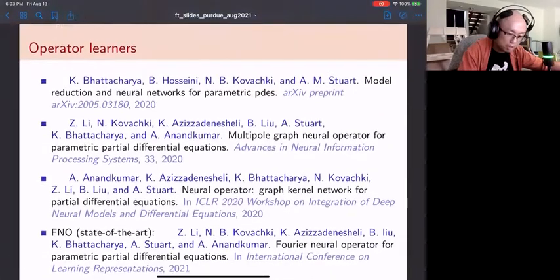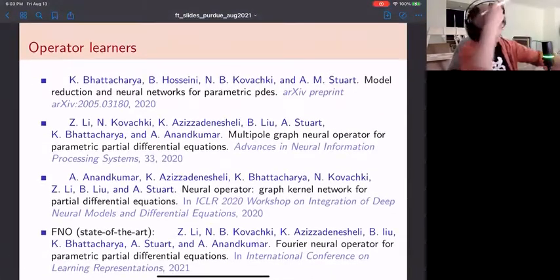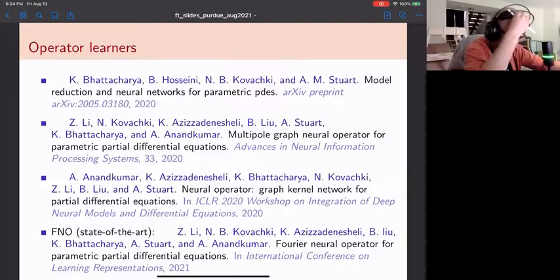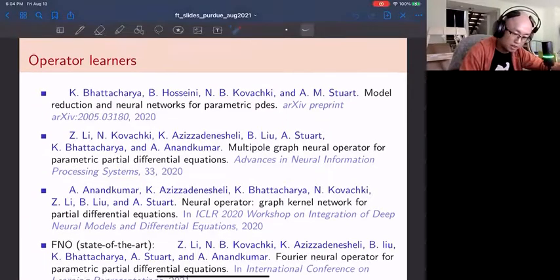Here are some operator learners. These four papers are from the Caltech group, mostly led by Andrew Stuart and Anima Anandkumar. Anima actually gave a talk earlier today. Among them, the state-of-the-art model is the Fourier neural operator, the last one.